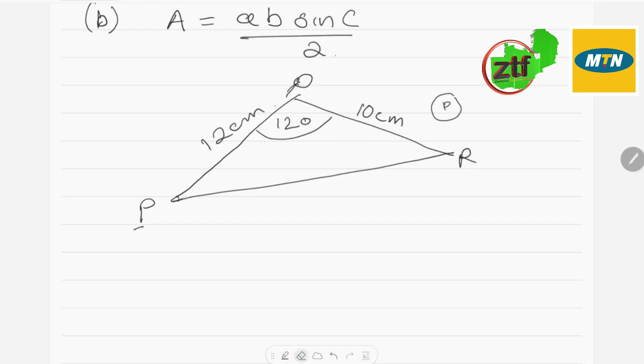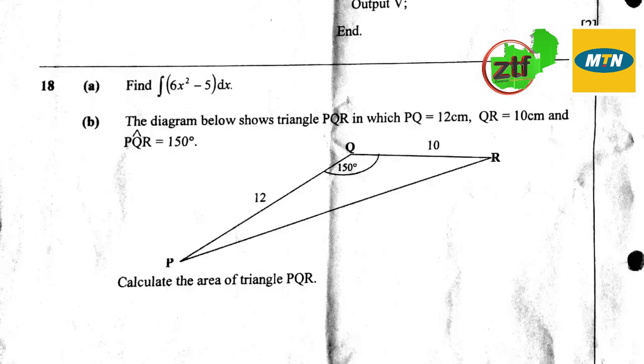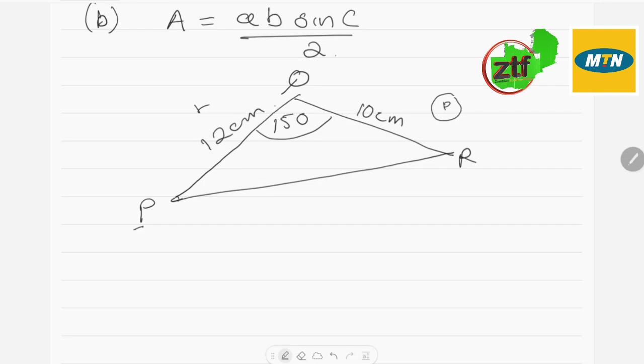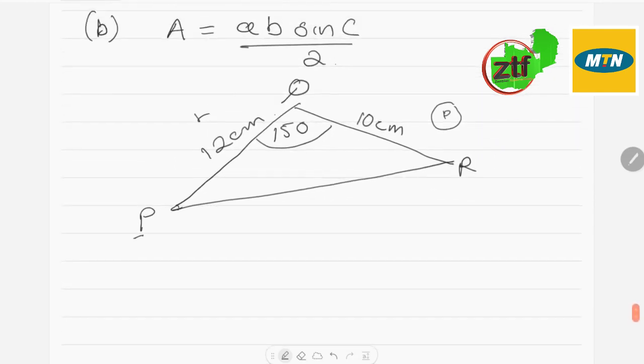Okay, let me write this. And 150 degrees here. Yes, we have 150 degrees, so we made a mistake on that one. The question says we have 150 degrees, not 120. All right, so the line PQ will be denoted by small letter r because it is opposite to the vertex R. So when we have that now, we can substitute what we have.